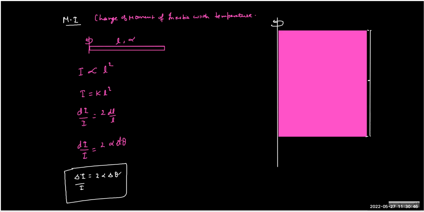So the effect is like in heat, the door will be more difficult to open, because I will increase. If temperature grows, delta theta is positive, so dI is positive. Positive means it is increasing, right? Yes, understood. So it will be more difficult to open.